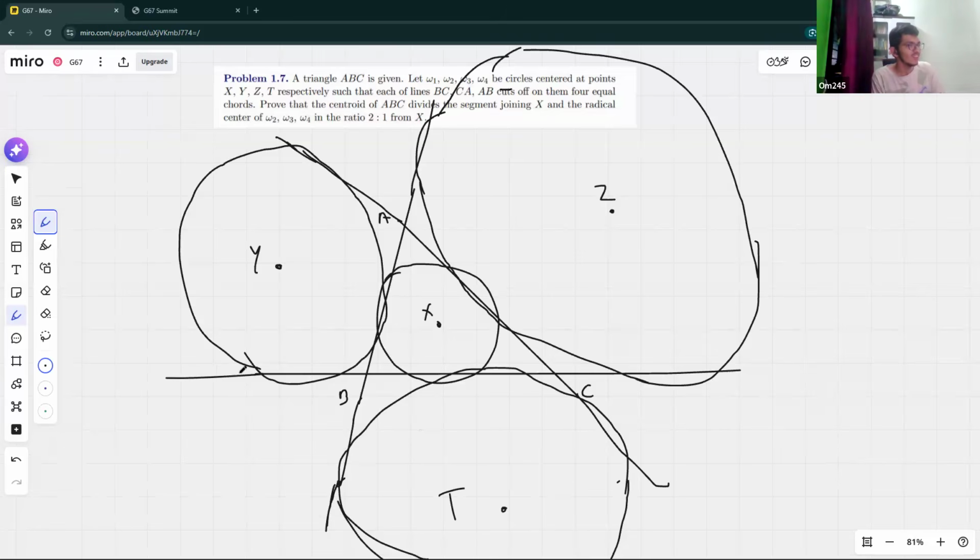Okay, so if the chords are equal, so if the radii are the same, then the circumcircle is in the ratio of the radius, and the radius is in the ratio of the angles. Is there some power of a point? Wait, the midpoint thingy. Does the midpoint actually help?